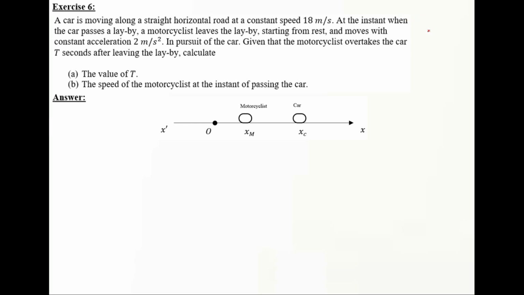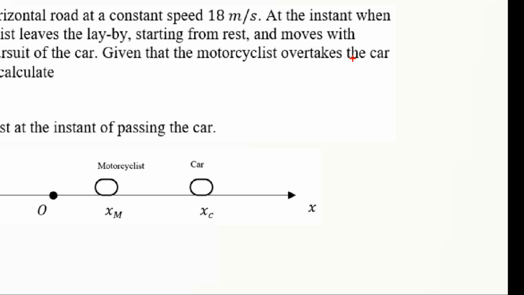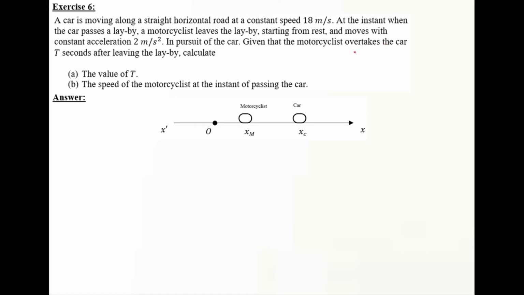Notice that here they're telling us that the motorcyclist overtakes the car. So overtakes means that they will meet. And in this case, both bodies in motion will have the same position. So basically, if we have xm and xc explicitly in terms of time, then we can solve for t and we get the value.